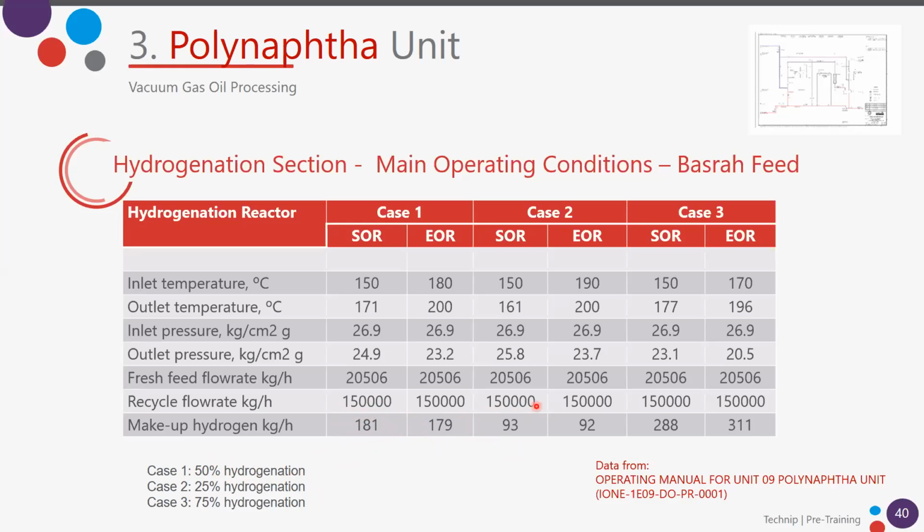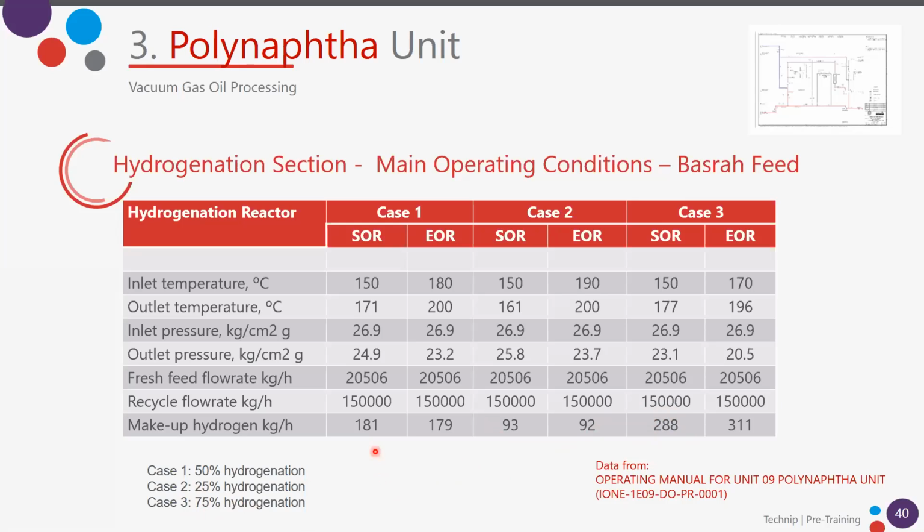And in this case, that is case 2, that you have a lower hydrogenation, you will have lower hydrogen consumption. Okay, and in this case, that you have a higher hydrogenation, you will have a higher hydrogen makeup rate. Okay, these are more or less the operating conditions of this hydrogenation section.